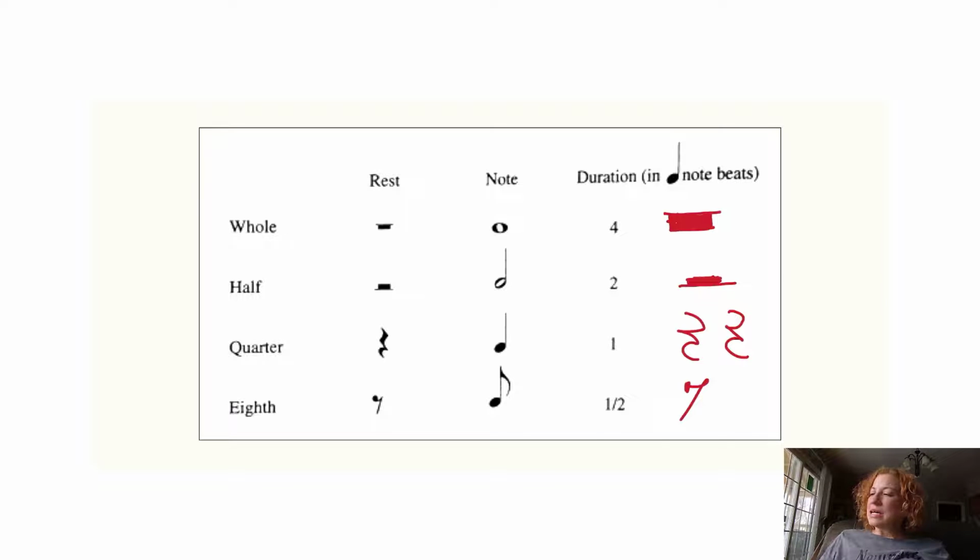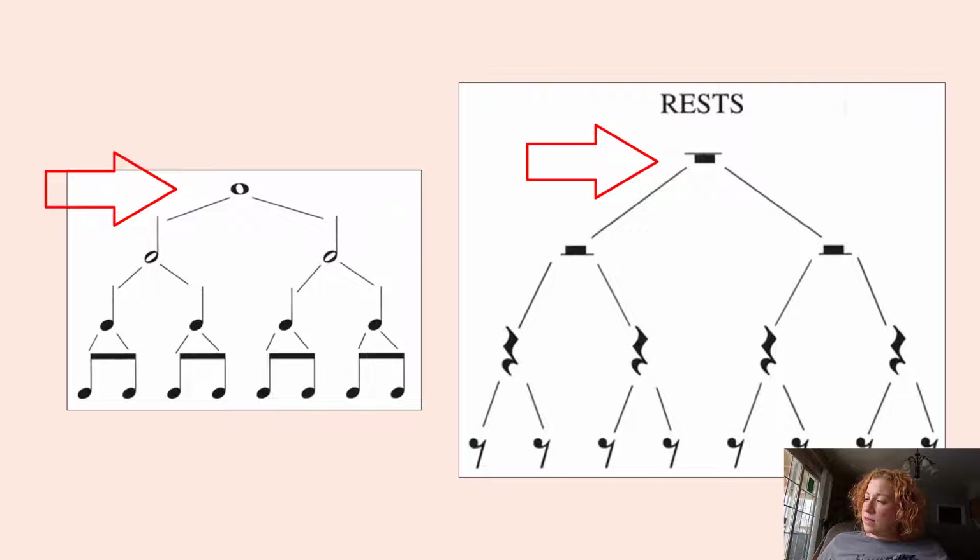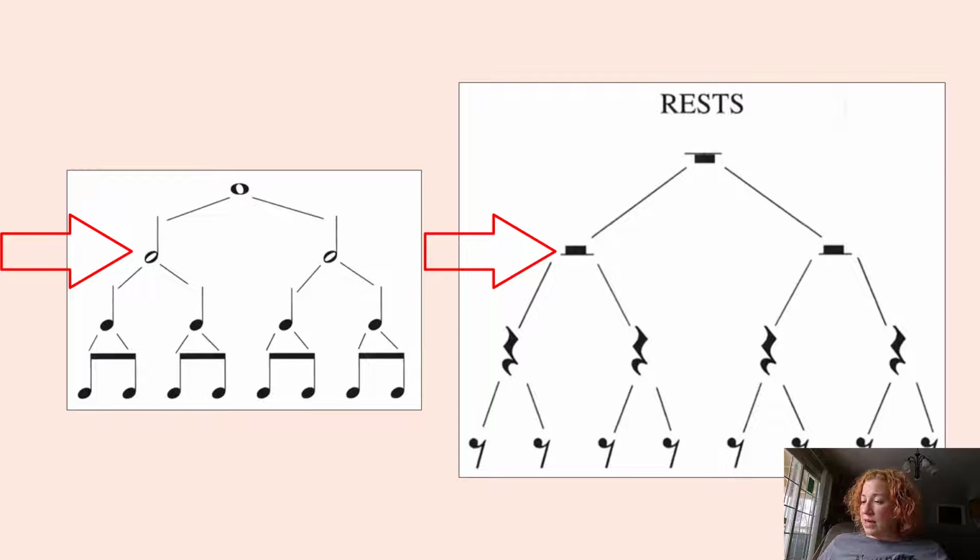So let's take a look at that note tree again and see that you can basically do a rest tree. So once again, we're still in simple division of the beat, right? So we've got at the top the whole rest, which lines up with the whole note. Half rests line up with half notes, and so on.